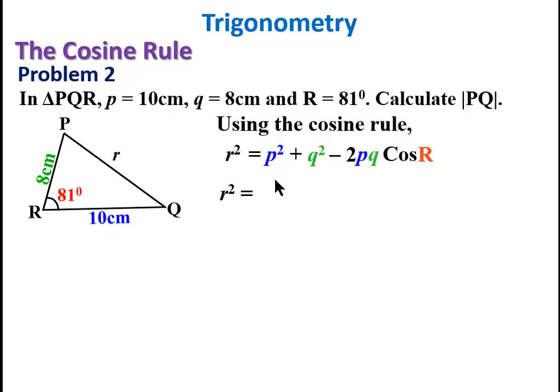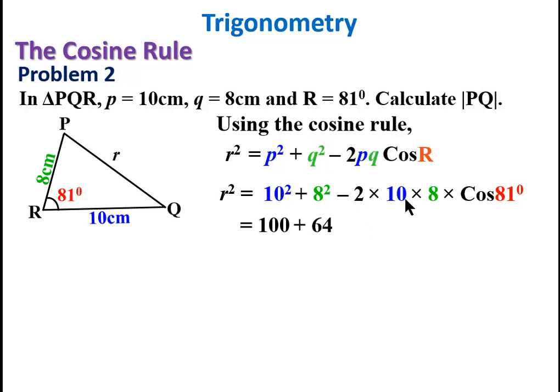So R squared will be 10 squared plus 8 squared minus 2 times 10 times 8, then cos 81 degrees. 10 squared is 100, 8 squared is 64, 2 times 10 is 20, times 8 gives 160. That's minus 160 multiplying by cos 81 degrees, which is 0.1564. So simplifying, this is 164.